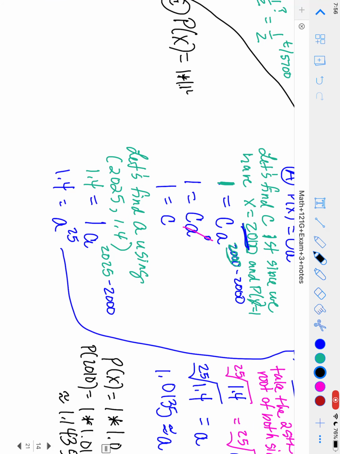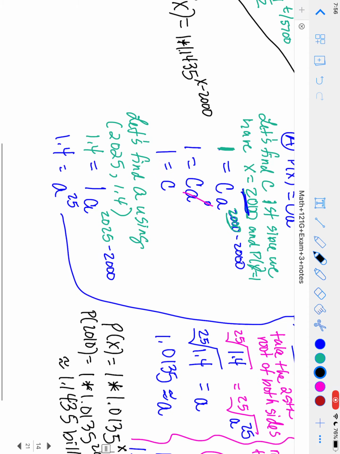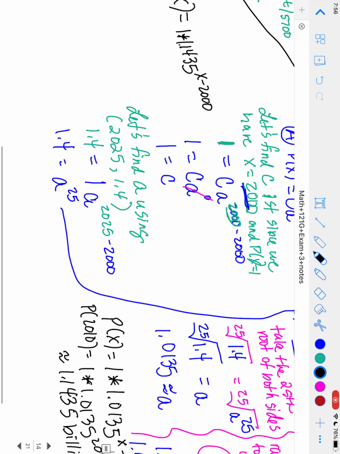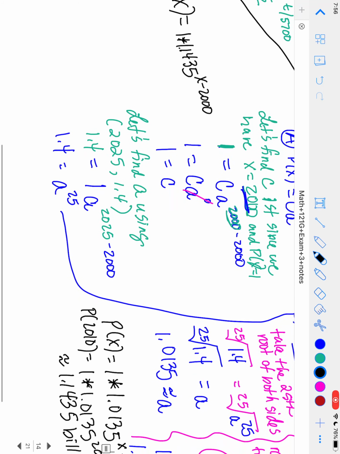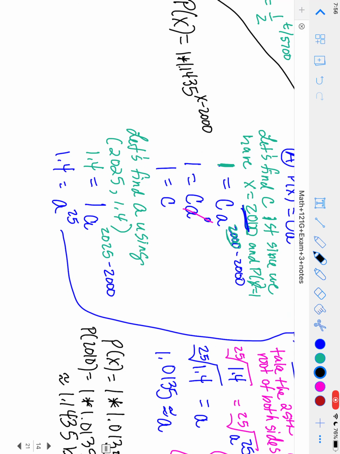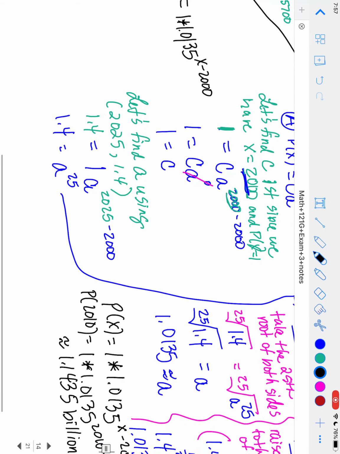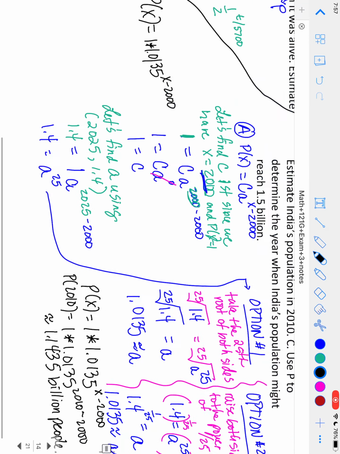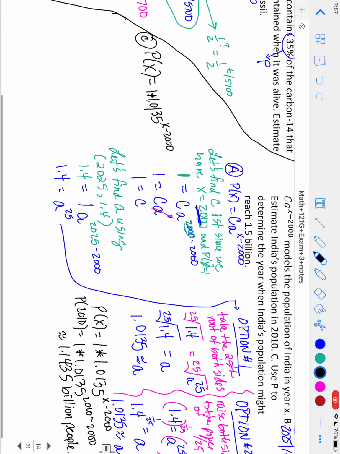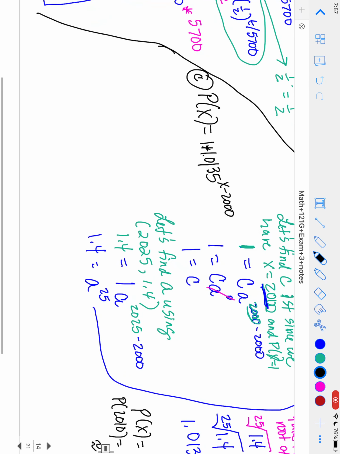What was it? 1 times 1.0135 to the power of x minus 2000. Okay, so I wrote down the equation and we want to know when it's going to reach 1.5 billion.